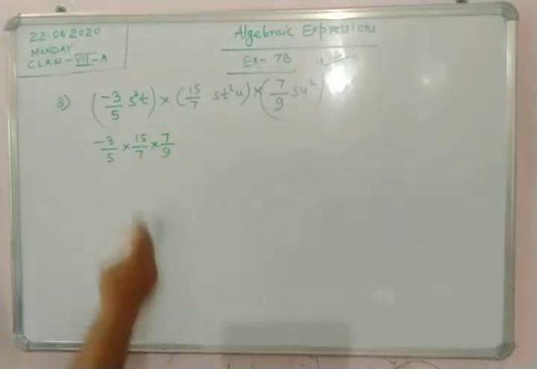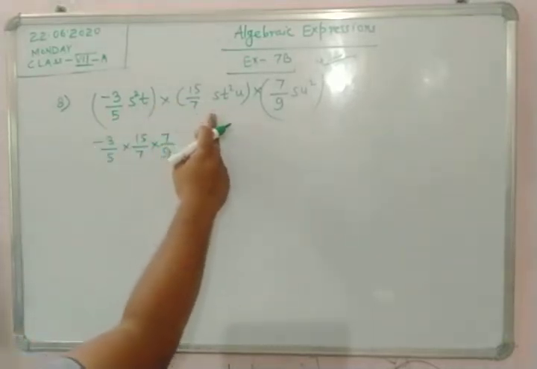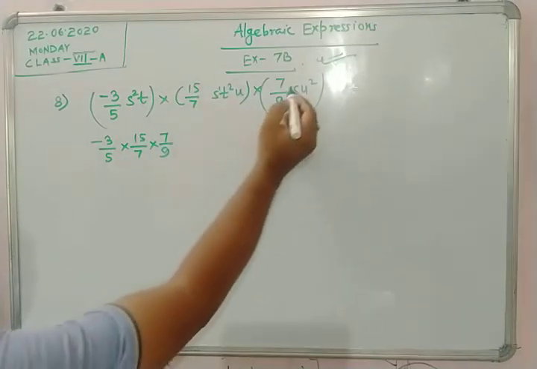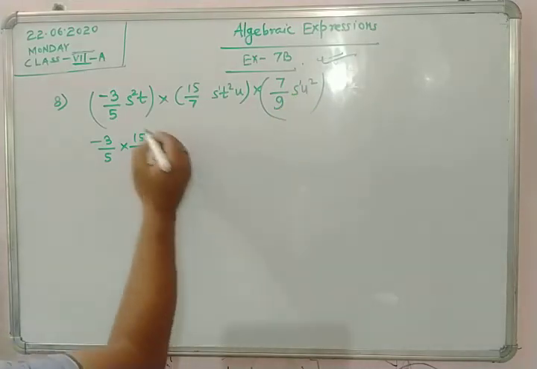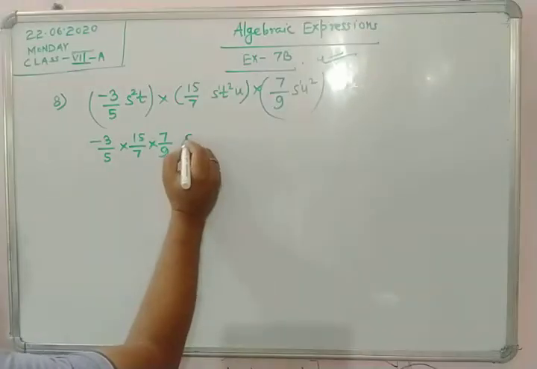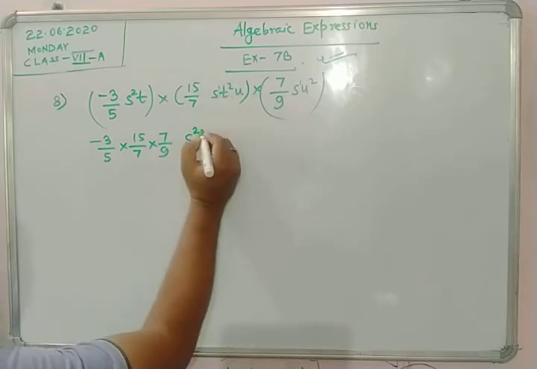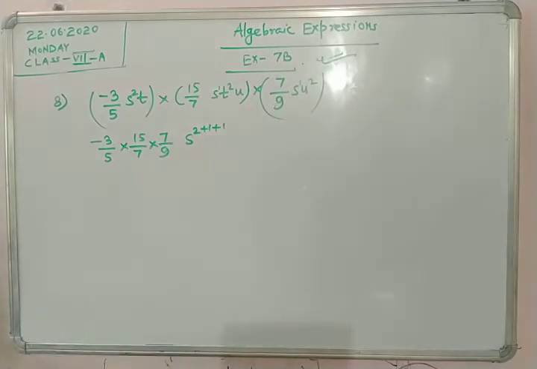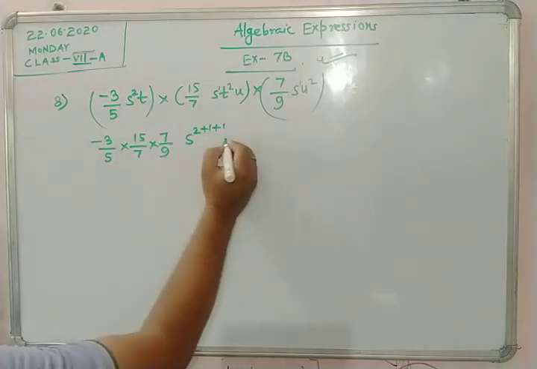Now we will count the number of s first. S is 2 here, and if nothing is written, that means 1. So s to the power 2 plus 1 plus 1, for s, into t.